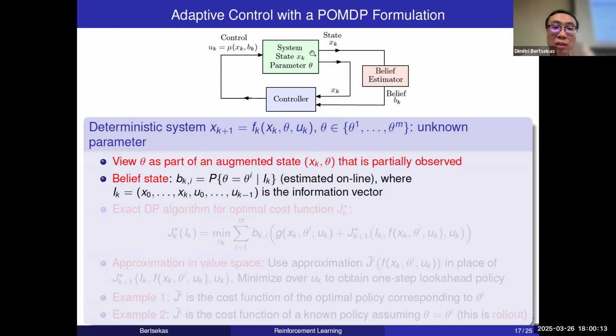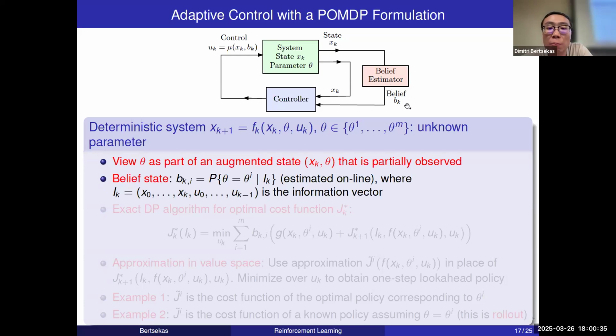So given the system state xk and parameters theta, the state xk we can observe, and based on xk, we use a belief estimator. We're going to go into details of this a bit later.